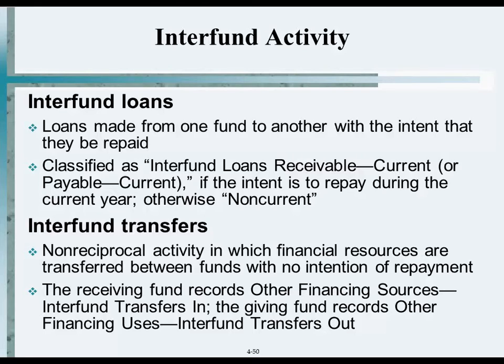Sometimes, as in the case of New Jersey Transit, it cannot cover all its costs from the fares that it charges. What would that be? An interfund loan from the state or an interfund transfer? A transfer, because what? They don't expect anything back, right? That's an example of that.